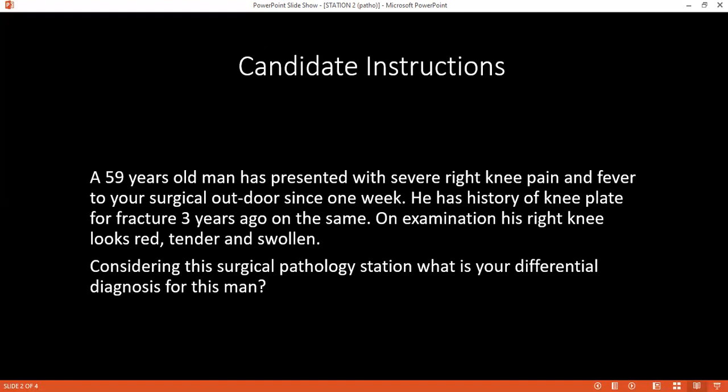Right. Can you tell me how the infection spreads? What is the pathogenesis? The infection can spread through hematogenous spread from the blood to the bone. If there is infection anywhere in the body, the microorganism can get into the blood and then get carried to the bone.